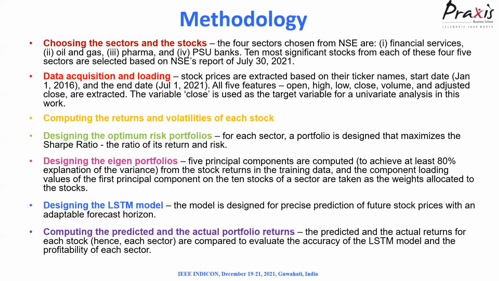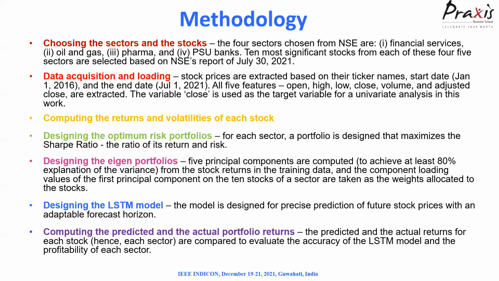So the methodology here involves the following steps. We are first choosing the sectors of the stocks in the NSE. 4 sectors, as were mentioned: financial services, oil and natural gas, pharma and the PSU banks. That gives us a wide diversity of the sectors.